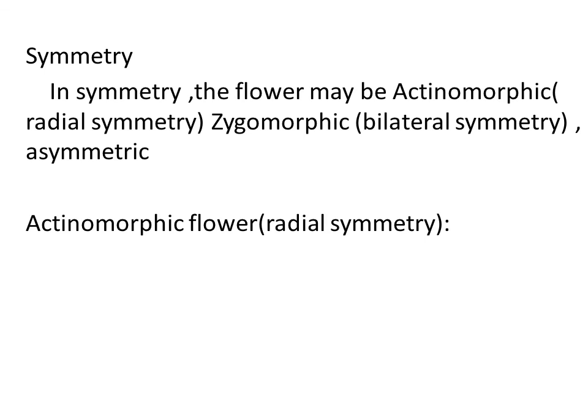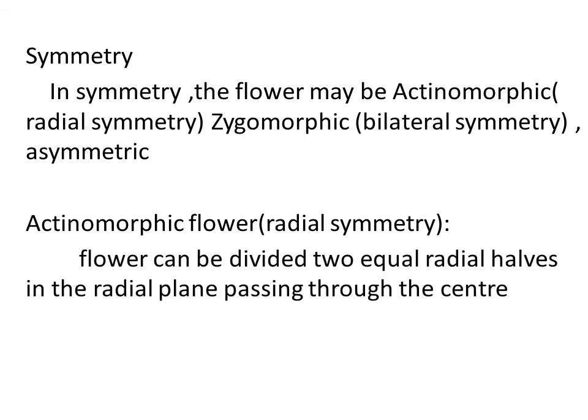In case of the flower, the symmetry is said to be actinomorphic only when the flower can be divided into two equal halves through any plane passing through the center. When we use any plane to divide the flower into equal halves, we are able to divide. Clear?